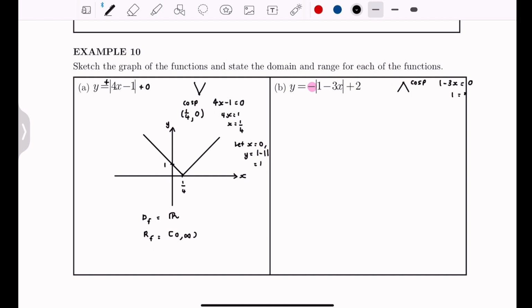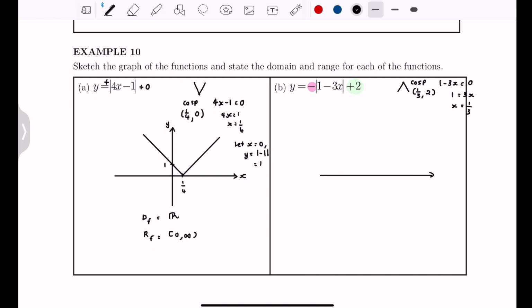So 1 equals 3x, x equals 1 over 3. So 1 over 3 is the x coordinate for the starting point. After that, we have plus 2 outside the modulus, so plus 2 will be the y coordinate.